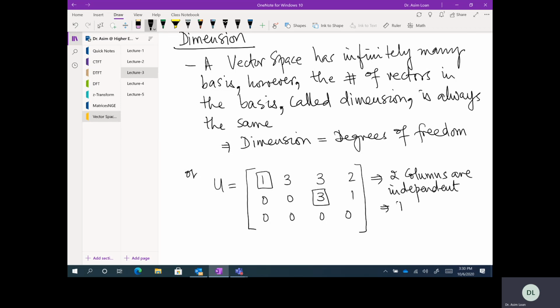This implies the dimension of the column space is 2 and it is a subspace of R3, because there are 1, 2, 3 components.